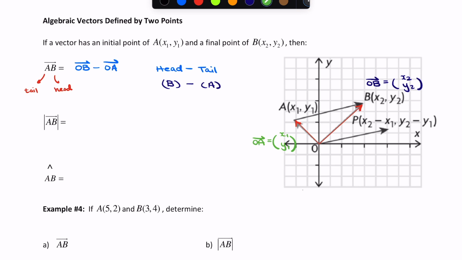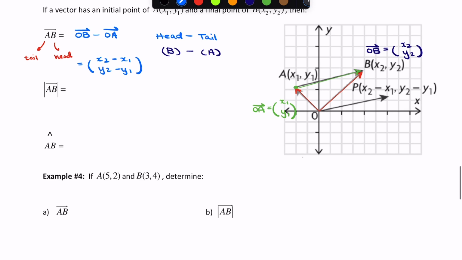Here, again, we see that our vector A to B, being A and being B, will be equal to OB, which is our x2, and OA, which is x1, and for our y values, y2 minus y1.